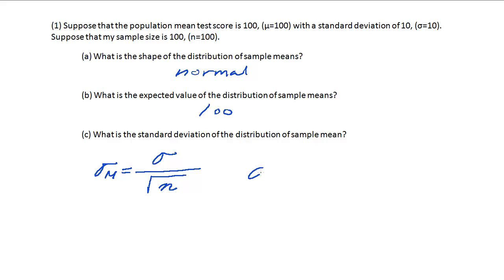So in this case, the standard deviation is 10, and the sample size is 100, so it's going to be 1. So the standard deviation of the sample mean, or standard error, is 1.